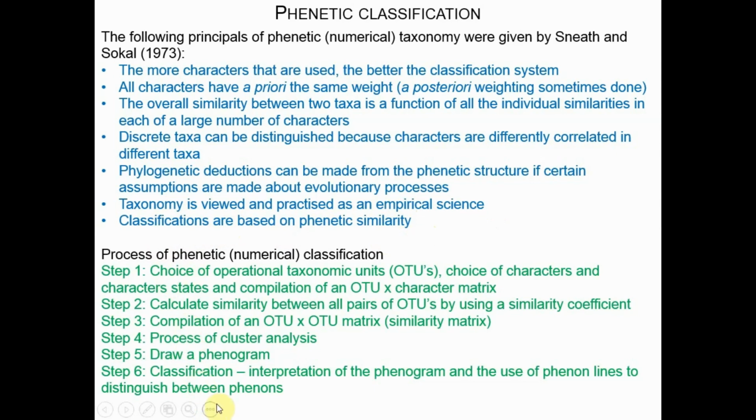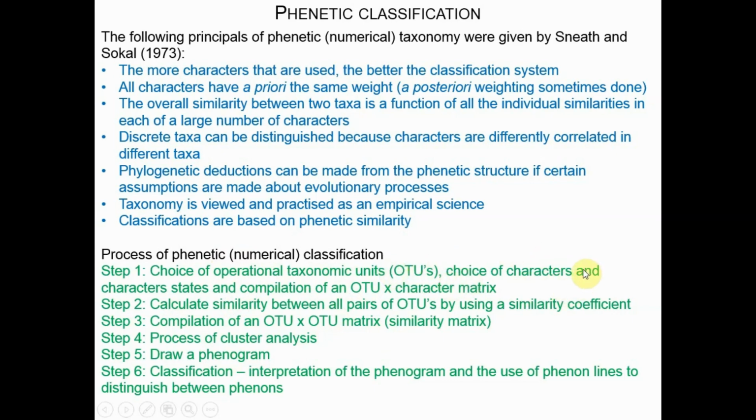So the process I'm going to go through, and I don't expect you to specifically know this, we are going to look at the phylogenetic one in more detail, but this is just good to compare the two. So the first is we decide on the species that we are going to use, and these we call operational taxonomic units.